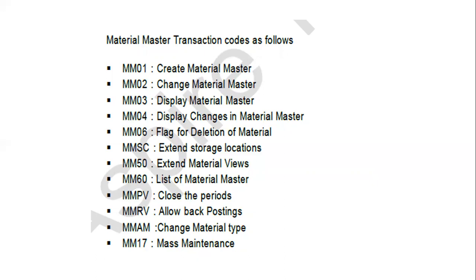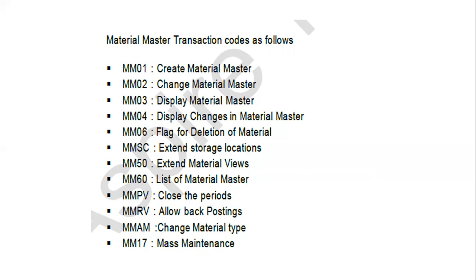So after this, that is the material type, material group, and the number ranges which we have created, the last point of material master is the creation of materials. We can create a material by using the T code MM01.